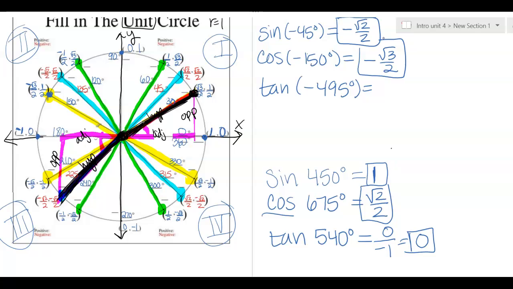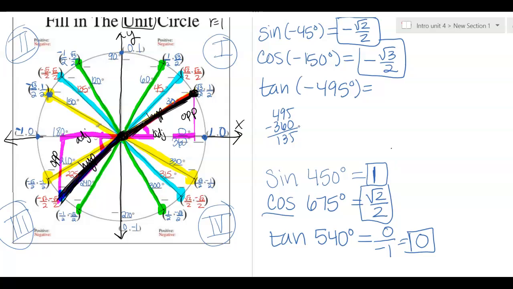Okay, so we have a couple ways we can figure it out. How much more than 360 is 495? So it's 135 degrees extra after a lap. So negative 495 is like starting here and going this way, going a whole 360 degrees, and then going an extra 135 degrees.